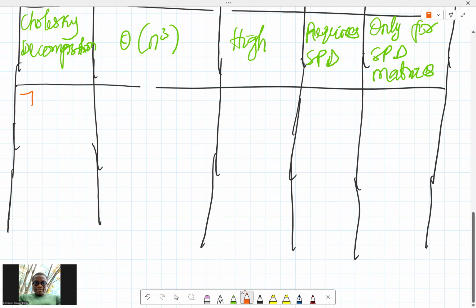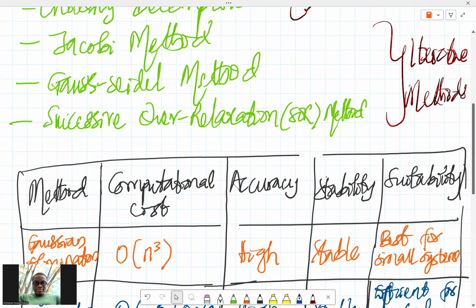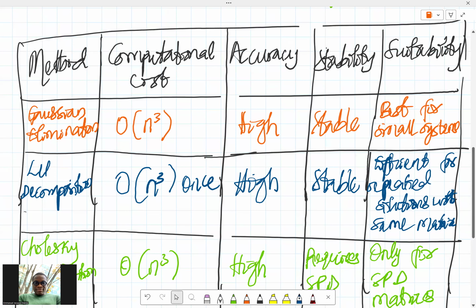Then we have the next one, which is the Jacobi method. For the Jacobi method, the time complexity is O(n squared k). The stability is moderate. In fact, with the particular one we did, we saw the solution diverging. So the accuracy is moderate.